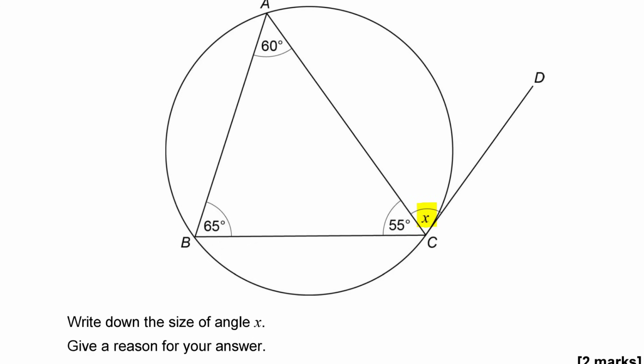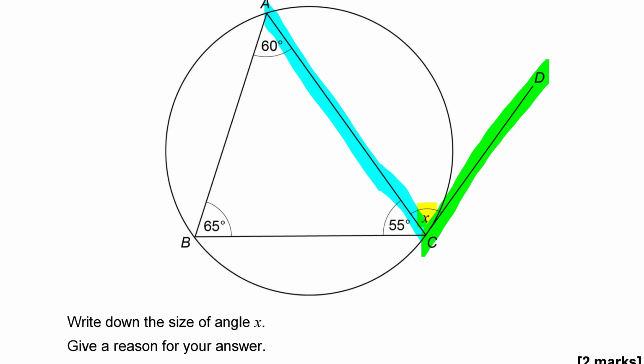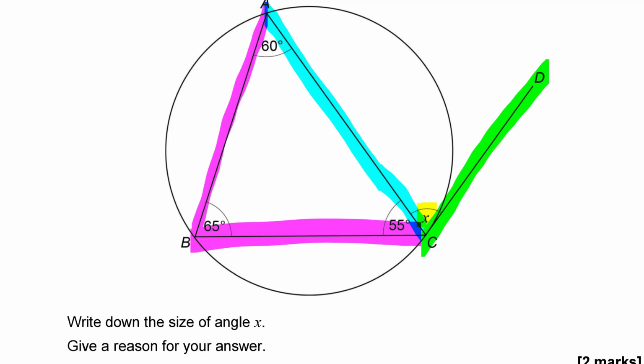Now, because I know my circle theorems, I've easily spotted that because this is a tangent and this is a chord drawn at the point of contact, and this is an angle subtended off that chord in the alternate segment, then I know that that angle there is the same as my angle X. That's the alternate segment theorem in action.